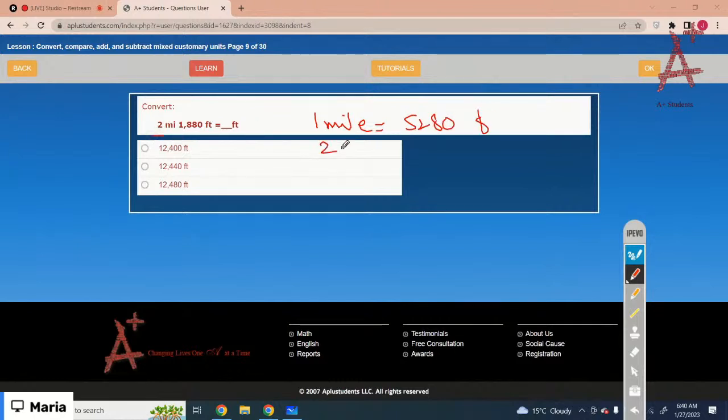So you have 2 miles, so you have to do 2 times 5,280. Got it? It would be 10,560. So just add 1,880. 5,280 times 2 is 10,560, and 10,560 plus 1,880 equals 12,440 feet. Got it? The option number 2 is the correct option.